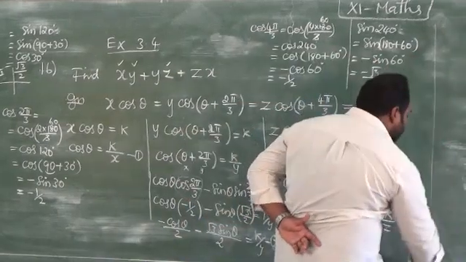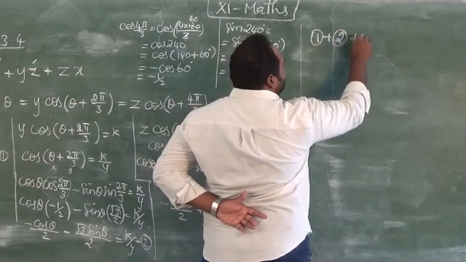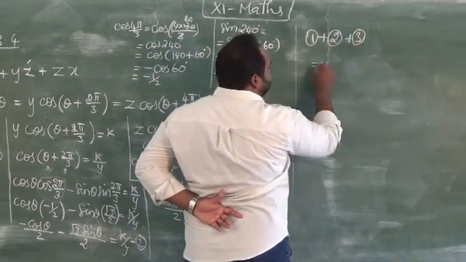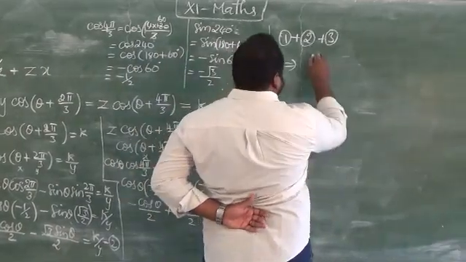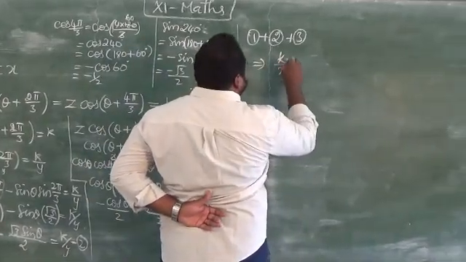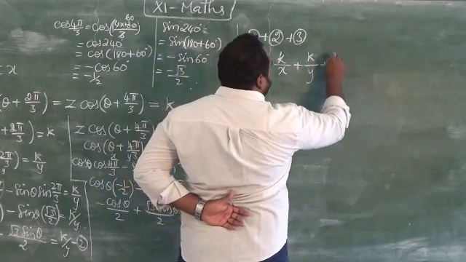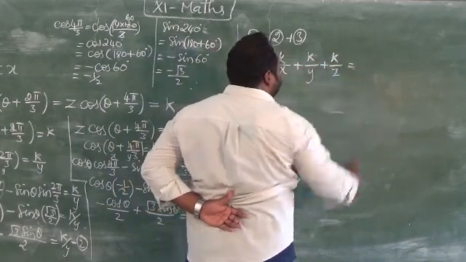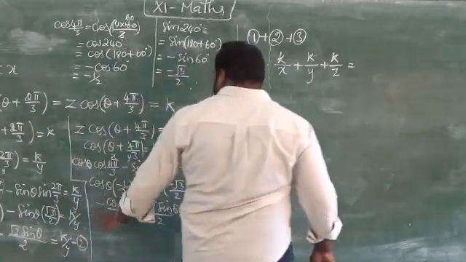Now I am going to add equations 1, 2 and 3. If you add that, right hand side is k by x plus k by y plus k by z. I'm just taking the left hand side after adding 1, 2, 3.